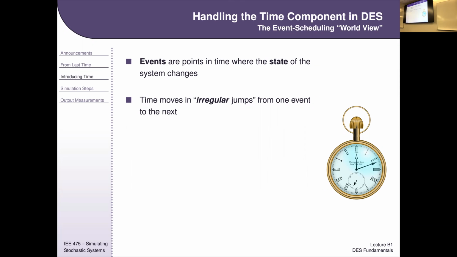From the event scheduling point of view, the clock moves ahead for every person that arrives at the room, and then it pauses until it jumps ahead to 10:37, where that last person arrives. After that, it doesn't go anywhere until the end of the class when everybody leaves the room, if all we're modeling is the occupancy of the room.